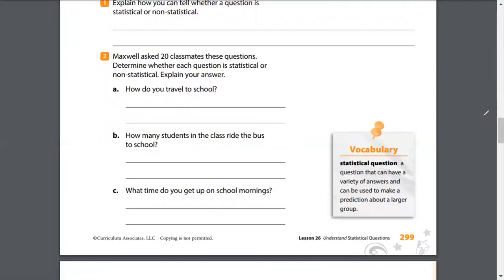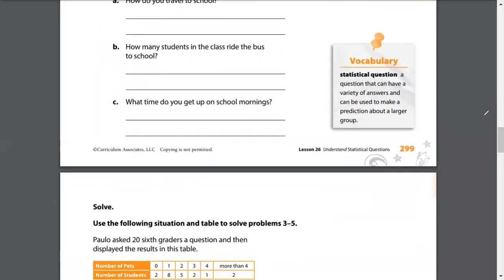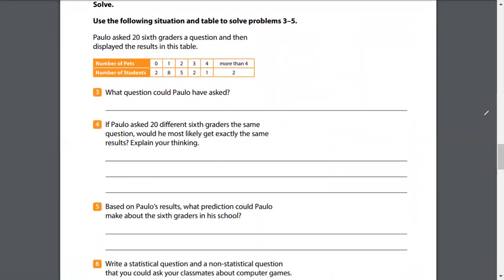Let's go on to our independent problems. The directions are: use the following situation in table 2 to solve problems 3 to 5. Paulo asked 26 graders a question and then displayed the results in this table.